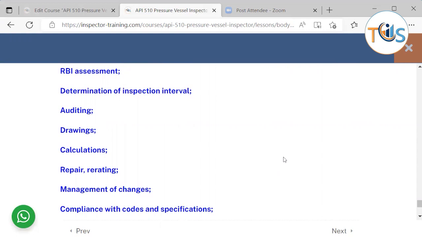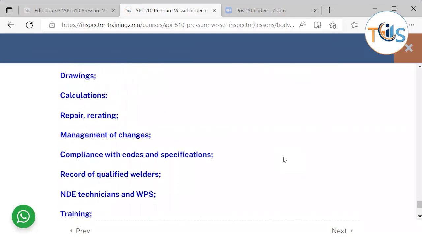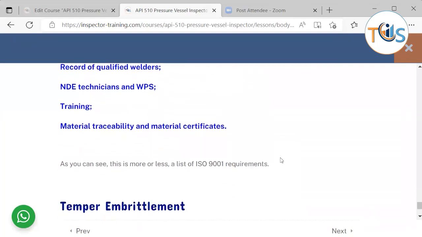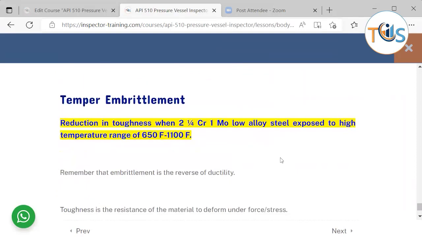Documentation such as drawings, calculations, any repair, rating, resources, and any management of change that has been documented, any evidence to show that they are compliant with the codes and specifications, and the resources of qualified welders and qualified technicians and approved WPSs, welding procedures, because of training, material traceability, and material certificates. So this is more or less a list from ISO 9001.